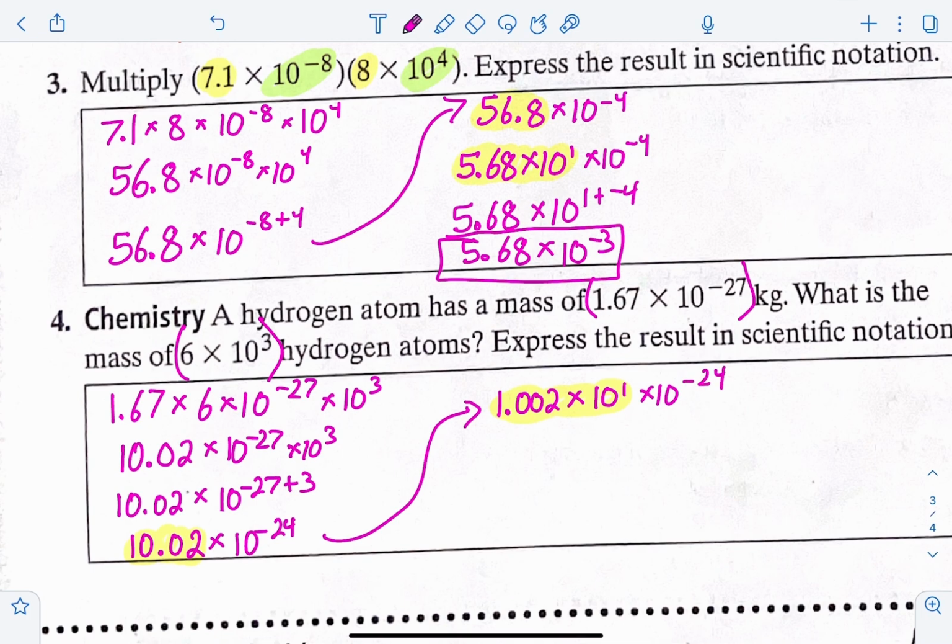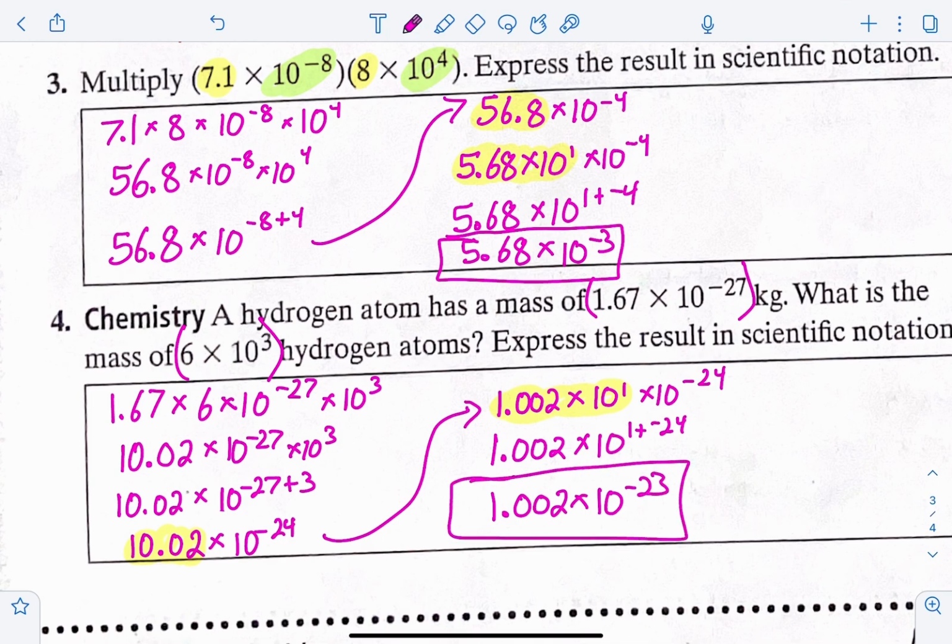Then I'm going to add those powers again. 1.002 times 10 to the 1 plus negative 24 is 1.002 times 10 to the negative 23. And that is my final answer.